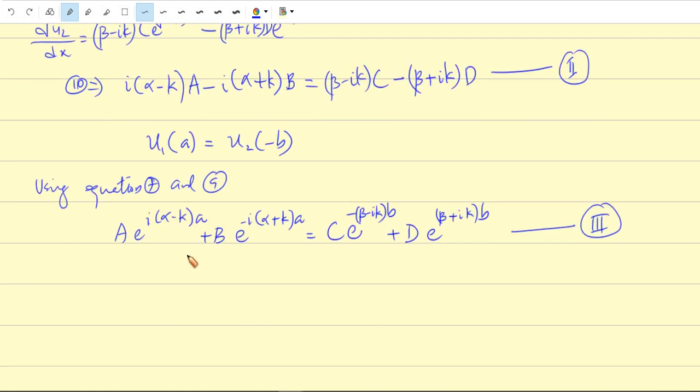The next boundary condition is that the derivatives of u1 and u2 are also periodic. That means du1 by dx at x equal to a is equal to du2 by dx at x equal to minus b.